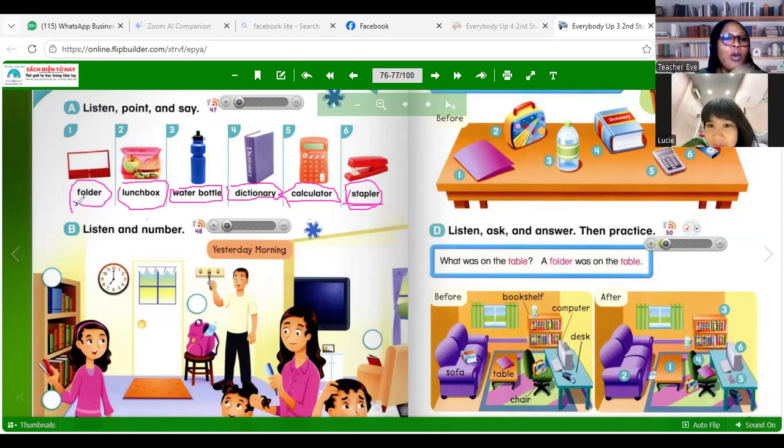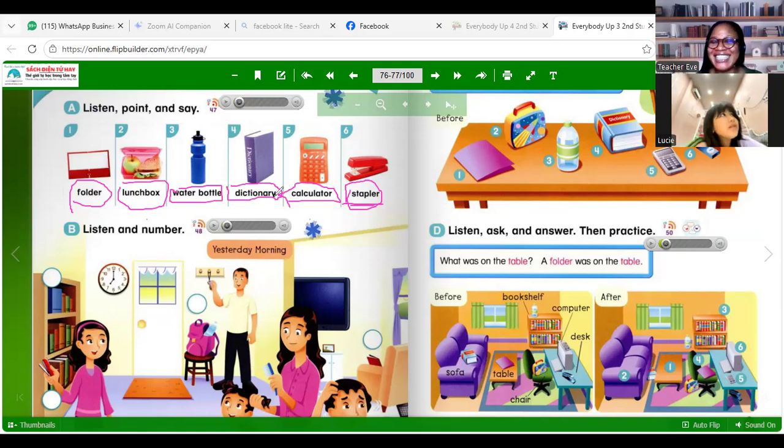So one to go, number 1. Folder. Okay, number 2. Lunchbox. Number 3. Water bottle. Okay, number 4. Dictionary.